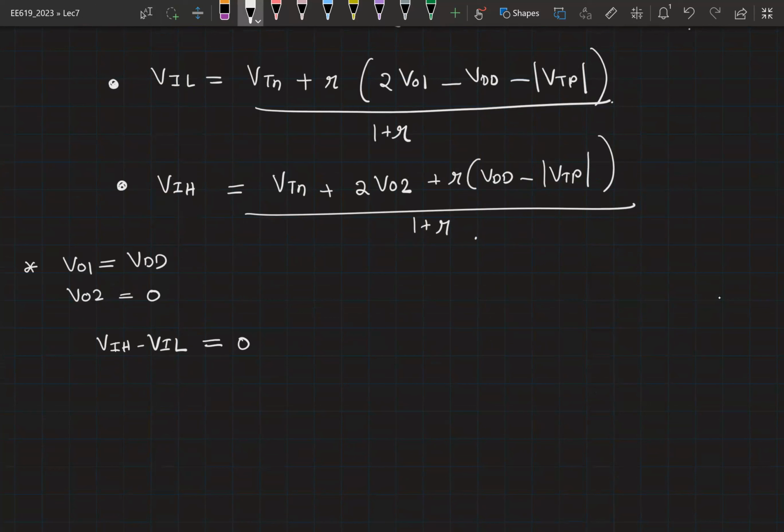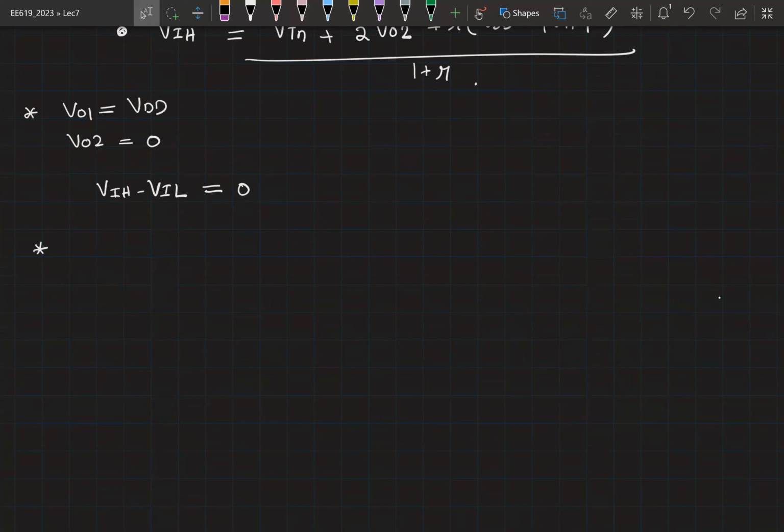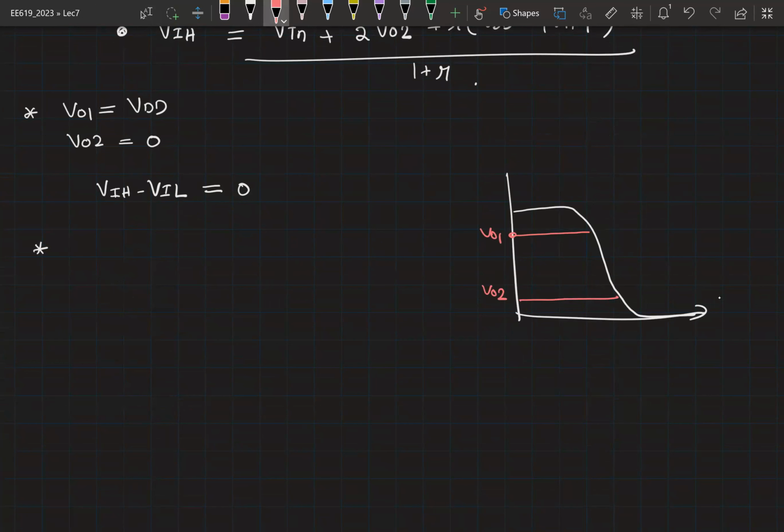So we'll make a different approximation to get more insight. So all that I'm going to say is the characteristic is symmetric. That is, if you had VO1 here and VO2 here, all that I'm saying is this width is same as this width, right? So VDD minus VO1 is equal to VO2.